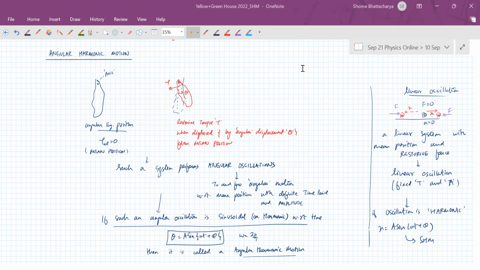And further, if that angular displacement with respect to time is periodic in such a manner that it's a harmonic function, then we call it an angular harmonic motion. So it is the angular version of simple harmonic motion. Instead of motion along a straight line, which is harmonic with respect to time, it is angular motion with respect to a fixed axis, which is harmonic with respect to time.